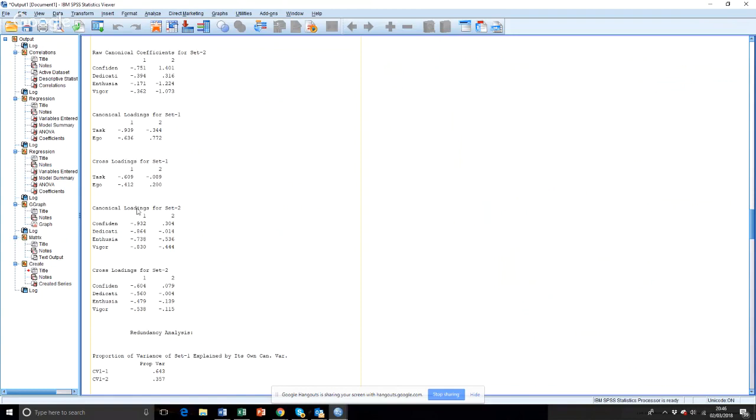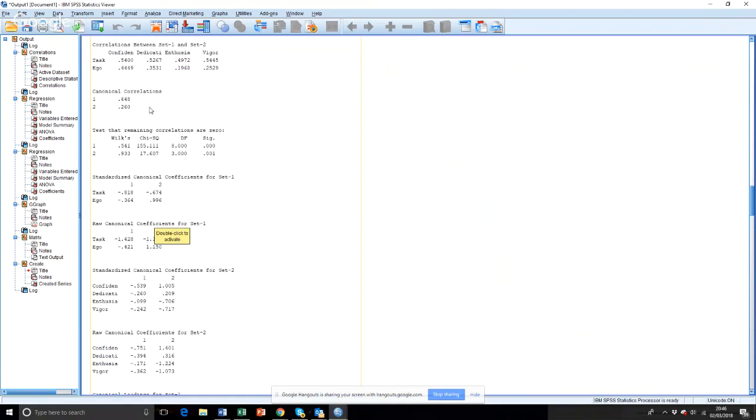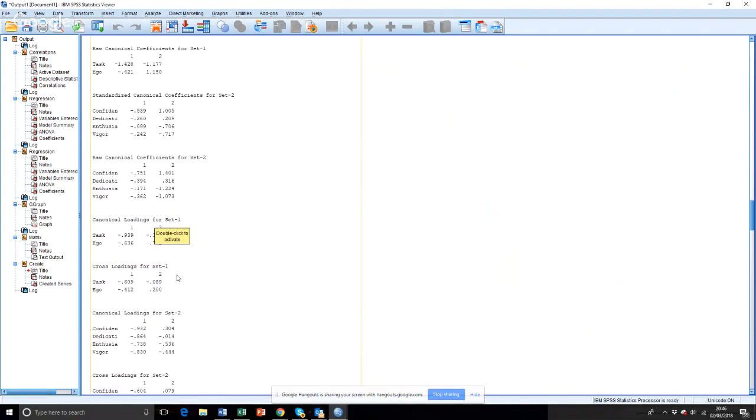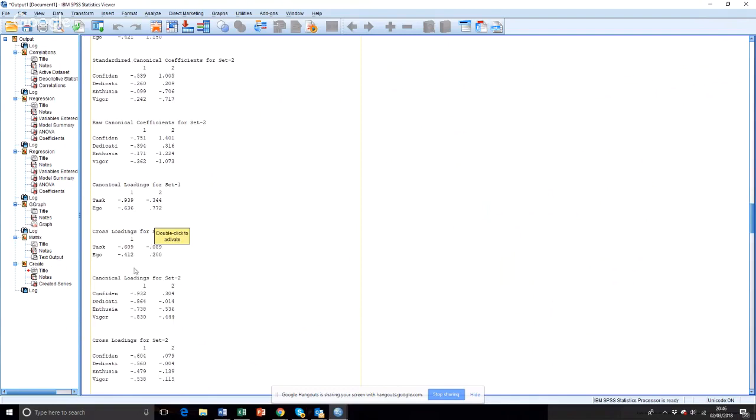And if they were both positive, then we'd have a positive correlation. So as one goes up, so the other goes up. That's why it's important when interpreting canonical correlation to interpret the sign and direction of the factor loadings, because they tell us what direction the association goes in. And you can see here that in this particular example, we have low levels of motivation orientation, low levels of engagement, therefore a positive association.